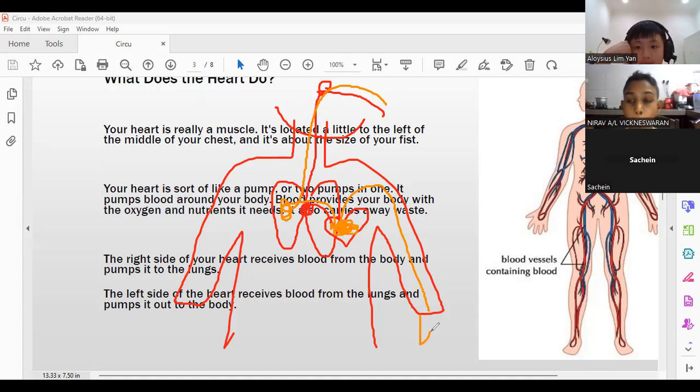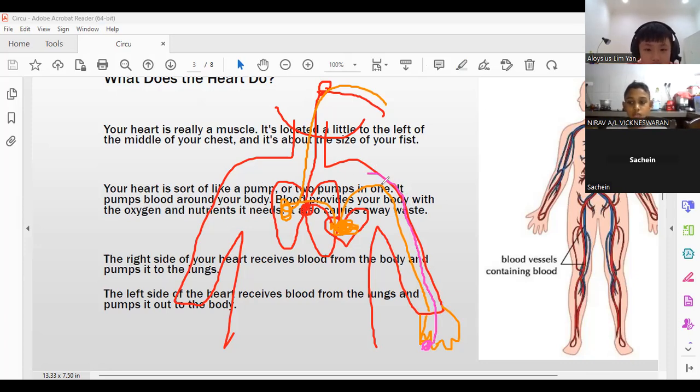Now, when the oxygen goes and reaches your fingers, your hands and other parts, an exchange will happen. The oxygen will be sent to the cells and the opposite gas, what is it called? Carbon dioxide. Carbon dioxide will be exchanged and it will go back. Will it go back to the lung or the heart?